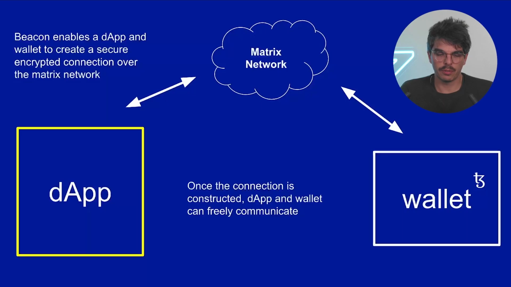Also, as a small reference point, this slide gives a little bit of an overview of how the dApp and Taquito are able to establish a secure connection with each other using something called a matrix network. The details aren't particularly important, but if you're interested, you can look a little bit more into matrix networks to understand how they establish this secure connection.